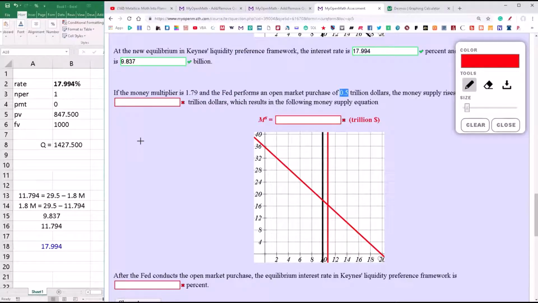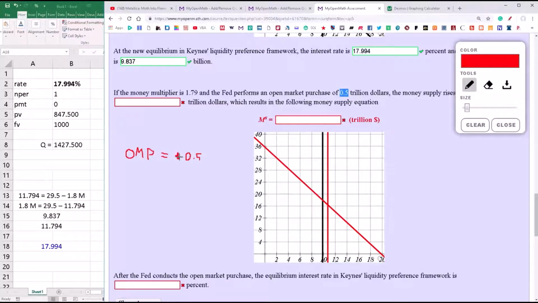Okay. Remember the open market purchase, an OMP, is an increase in reserves, an increase of $0.5 trillion. This is a plus.